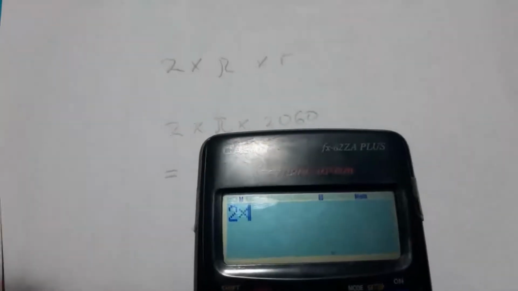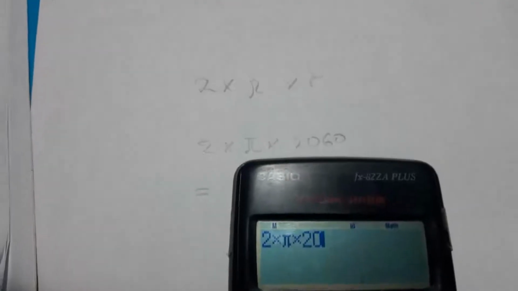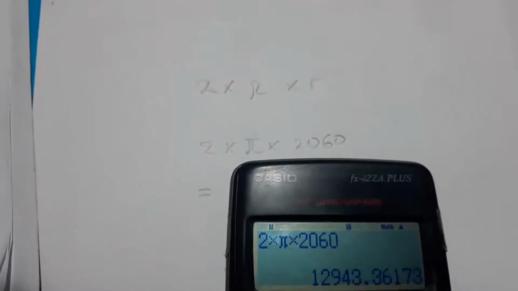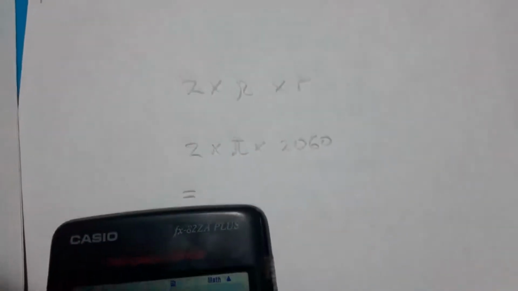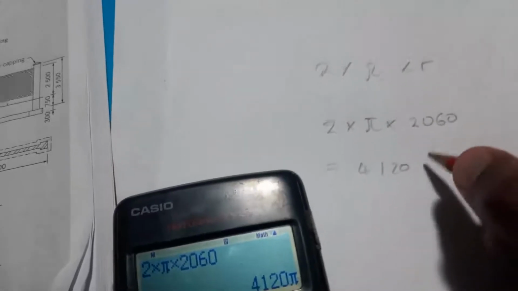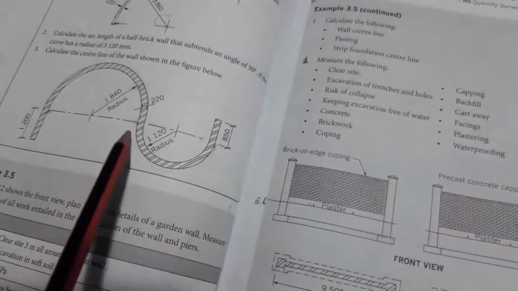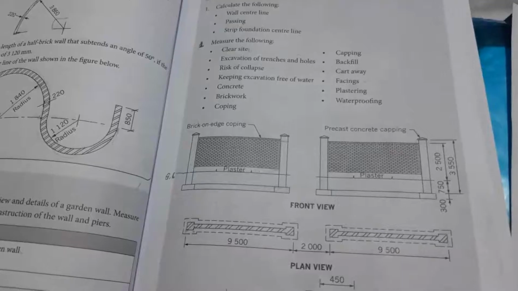So you'll punch it in your calculator, which gives you this answer, 4120 pi, which you will divide by 2, because the 4120 pi is the circumference of a circle, whilst we want the length of the semicircle.